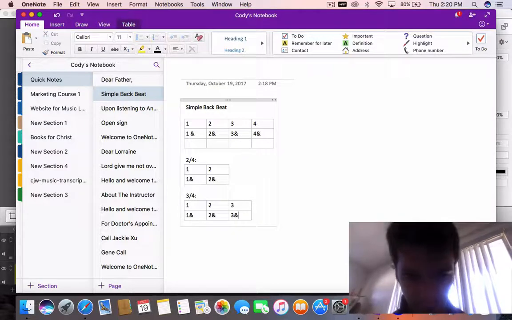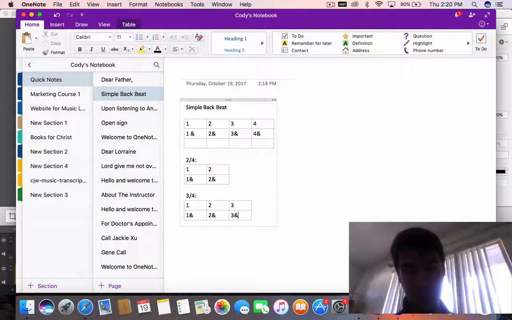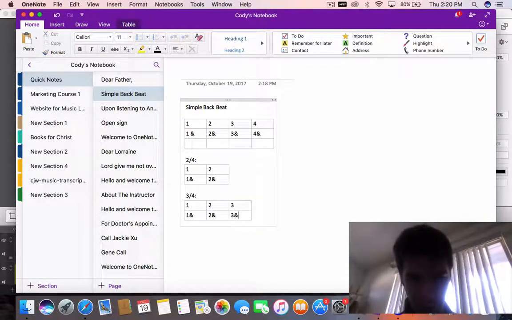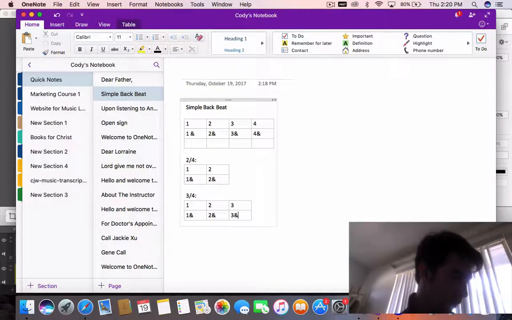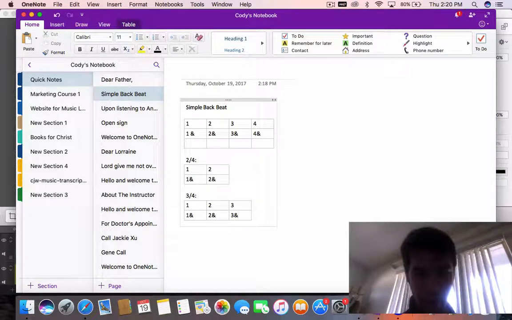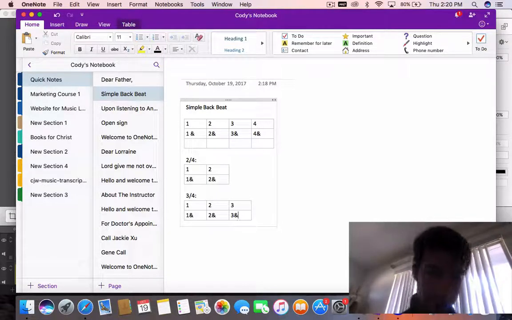There's not groups of 3, there's not groups of 4 in there. The subdivision is usually just 2. So that's kind of how it is for simple time. It's 2 straightforward micro beats inside a simple macro beat, if that makes any sense.